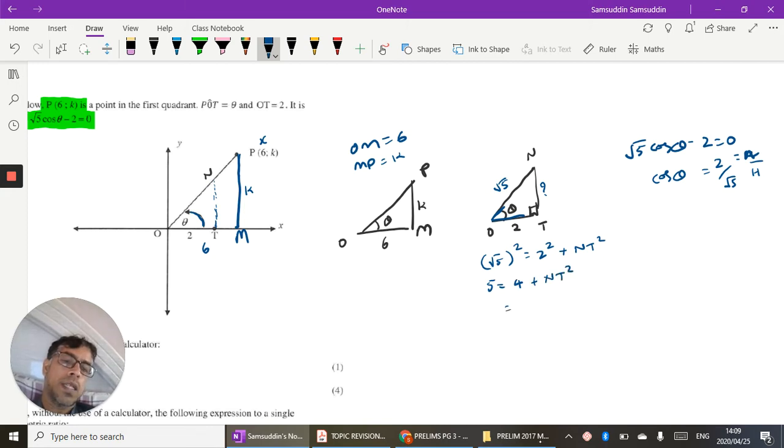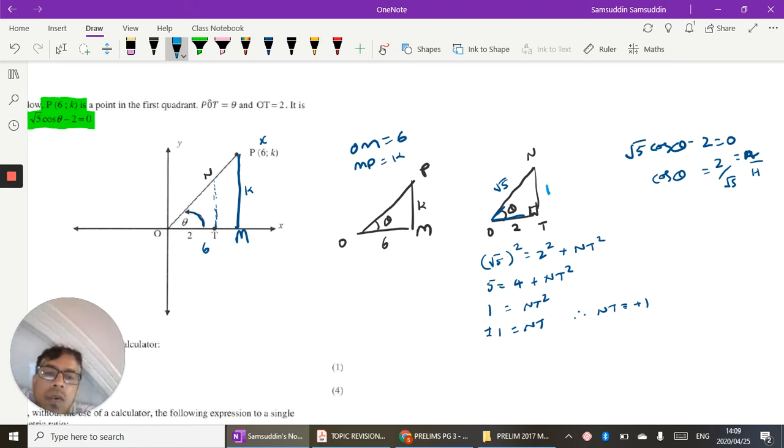Therefore NT squared equals 5 minus 4, which is 1. Square rooting both sides, NT equals 1. It should be plus or minus 1, but we know my diagram is in the first quadrant, so I'm going to choose 1. So NT is 1.